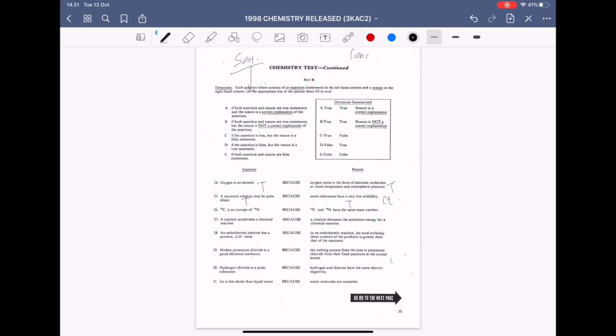And if it's unsaturated, that just means that more solute is still able to dissolve in the solvent. Concentrated just means the number of molecules of solute in the solvent. So if it has a high concentration, there's a lot of solute in the solvent, and that does not necessarily mean it's saturated.